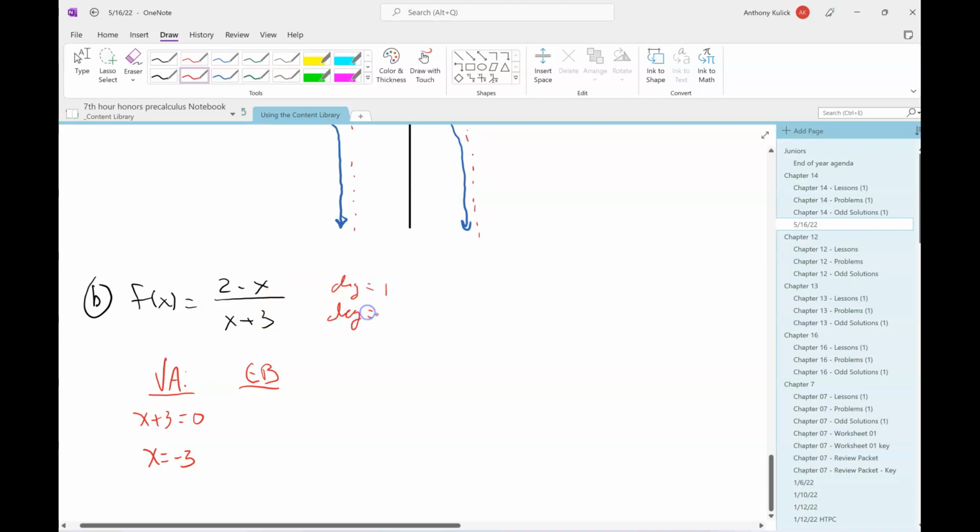Here I notice that the degrees are both 1 for the numerator and denominator because they're degree 1 polynomials. The largest exponent on the variable is a 1 in each case. So that tells me it's going to be the leading coefficient of the numerator, which is negative 1, over the leading coefficient of the denominator. So just y equals negative 1 will be my end behavior there.